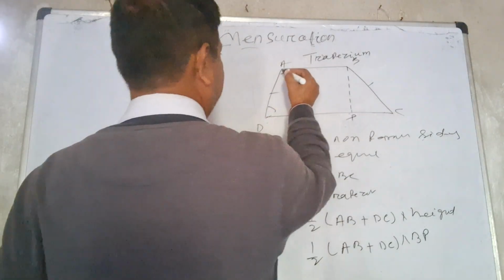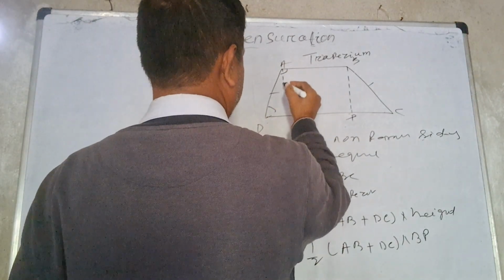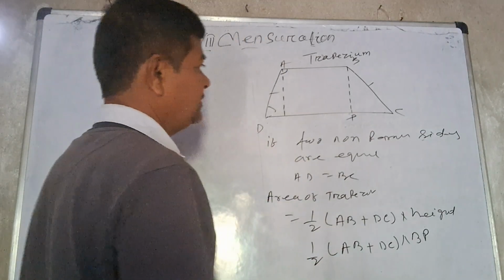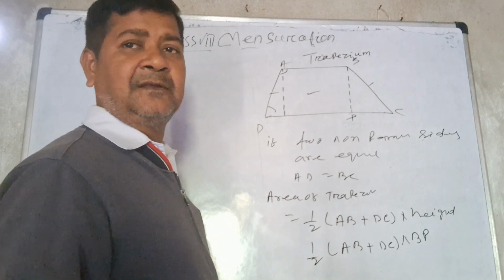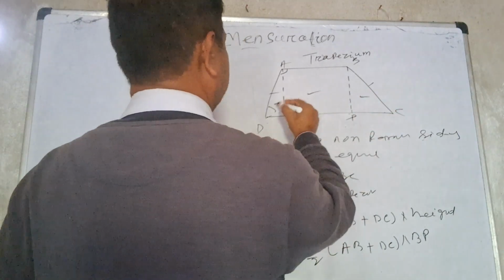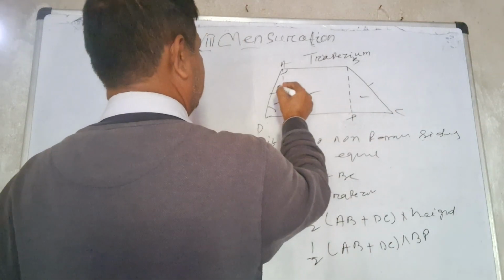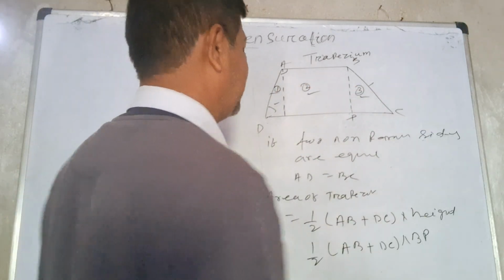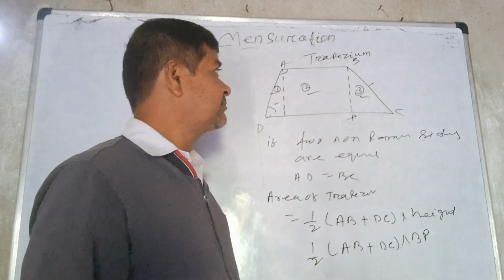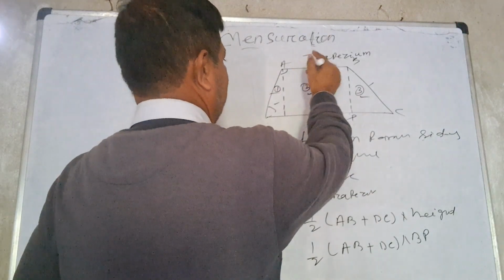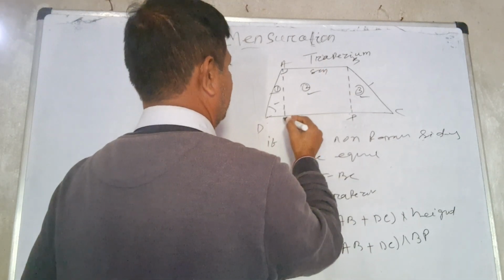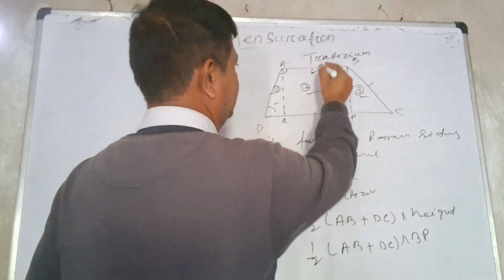Similarly, you can draw another perpendicular from A. Then there is a rectangle and triangles. Area of 1 plus 2 plus 3 is the total area of the trapezium. If this side is given as 8 cm, then QP is also 8 cm.